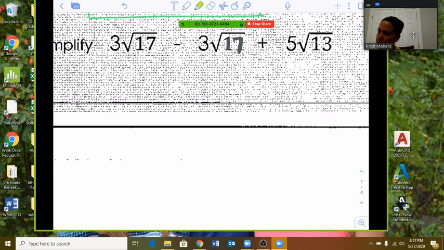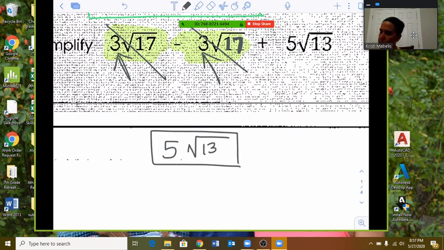Look for like terms. 3 radical 17 and negative 3 radical 17. So obviously I have a positive and a negative, so those will cancel off and add up to 0. So the only thing left is 5 radical 13, and done.